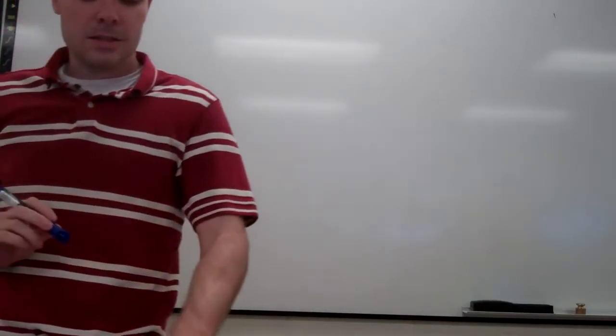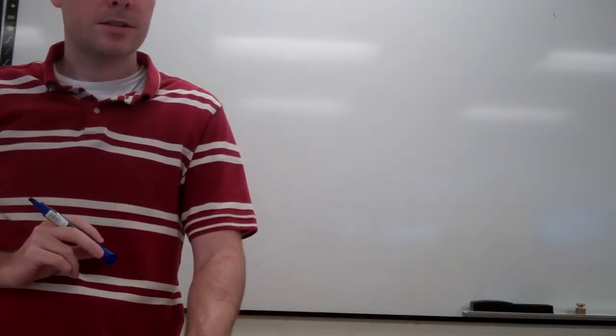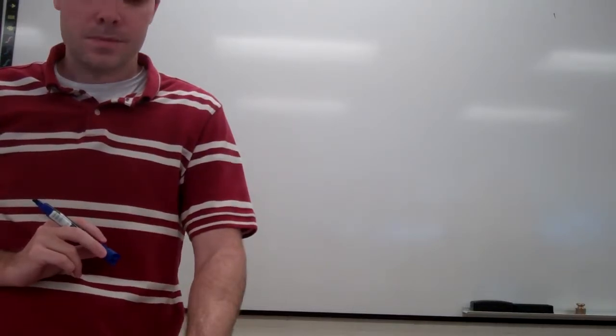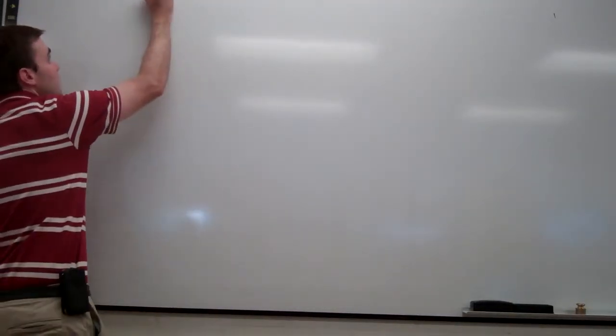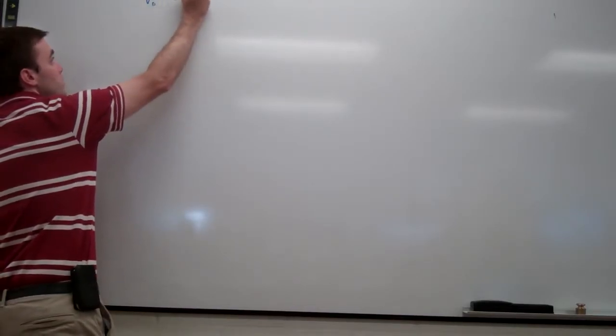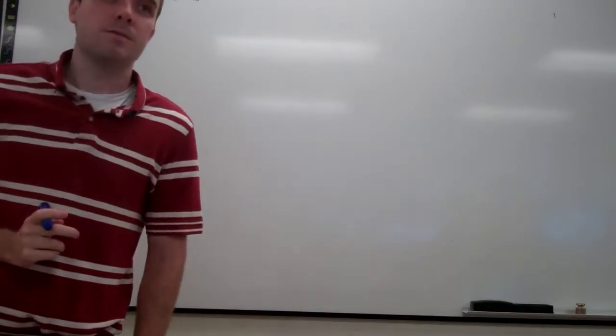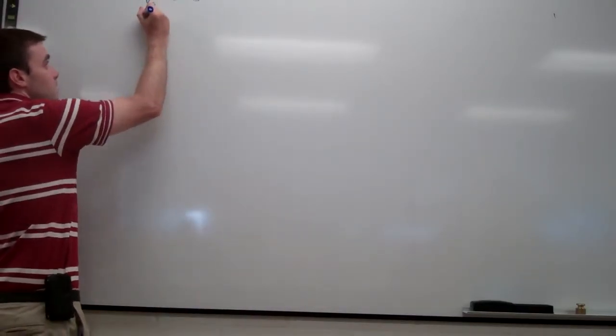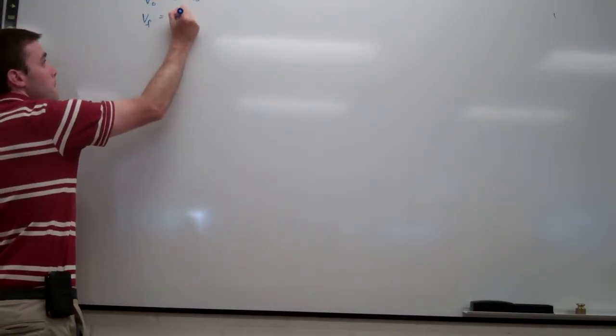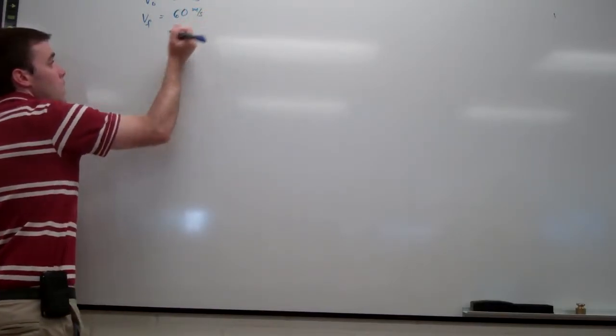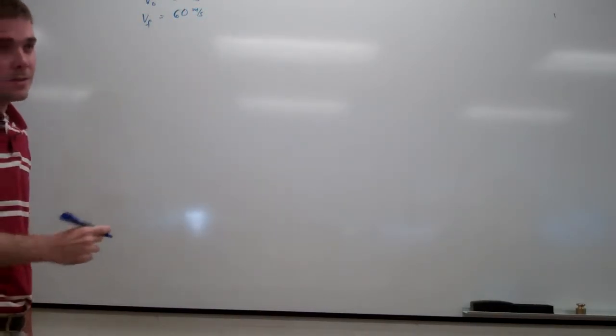What is 0 meters per second in this case? Initial velocity, so we have v0 equals 0. What is 60 meters per second? Final velocity. And what's 3 seconds? Time.